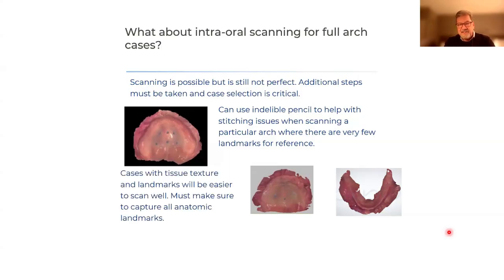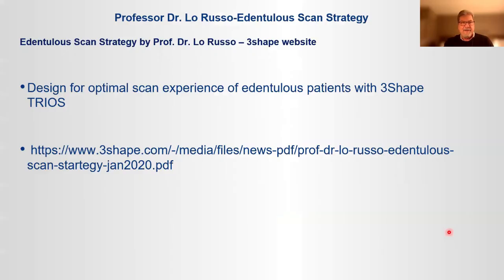Cases with tissue texture and landmarks are going to be easier to scan as well. You want to make sure to capture all those anatomical landmarks. We're still having some difficulty, but I think we're getting there. I think in the next few years that technology is really going to come forward and improve with fully edentulous cases and scanning.